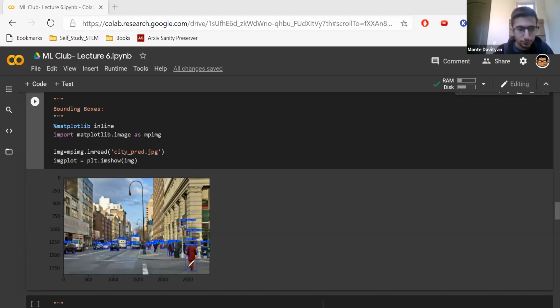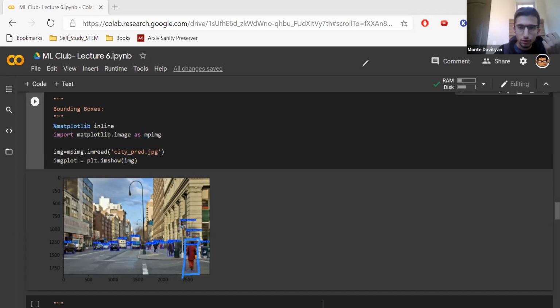What do I mean by that? If you can see, we have this person walking over here. I know it's kind of hard. Let me try to zoom in. I can't zoom in, but okay. Essentially, we have this person right here, and it's correctly classifying this as a person.